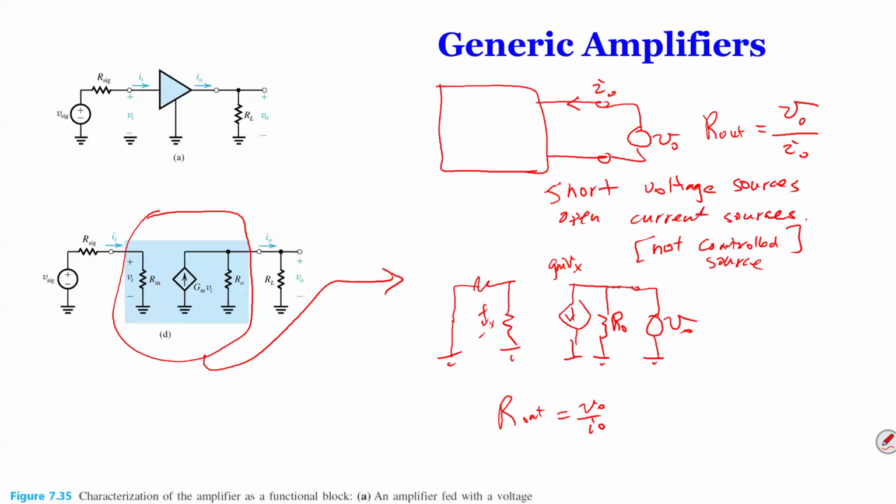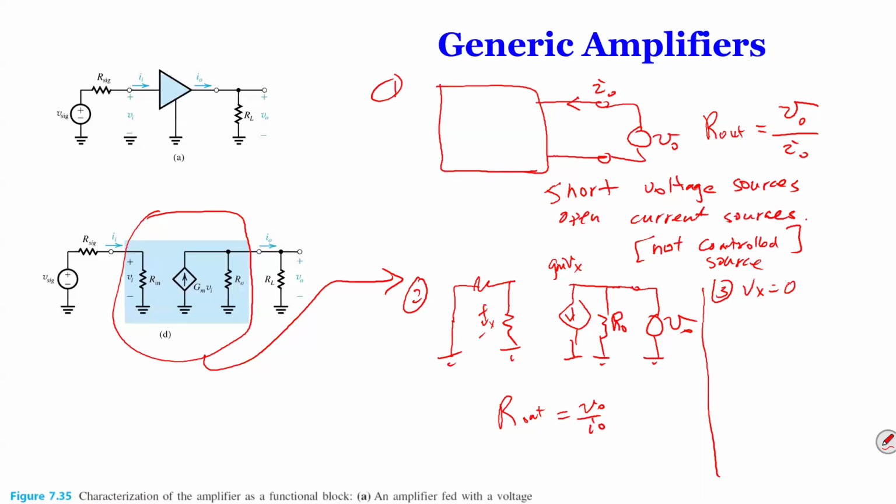That Vx could be Vg, or Vgs, or could be Vb. So, how much is Vx? Look at the loop over here.